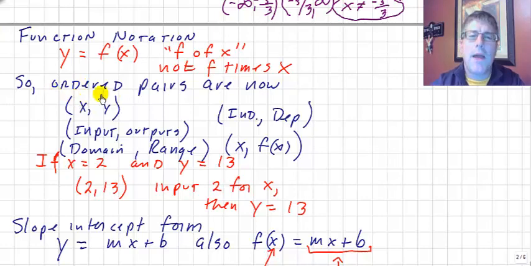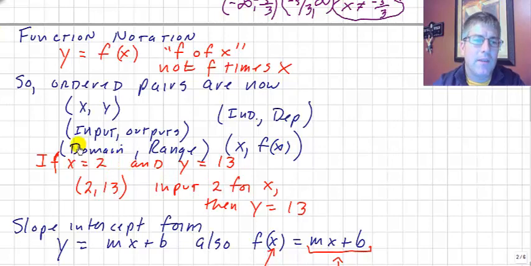Okay, so if we go back and we look at our ordered pairs, x's and y's, they're inputs and outputs. They're independent and dependent variables. They're even domain and range, but now they're also x and f of x, because y is f of x. So we can rewrite our ordered pair as x and f of x.